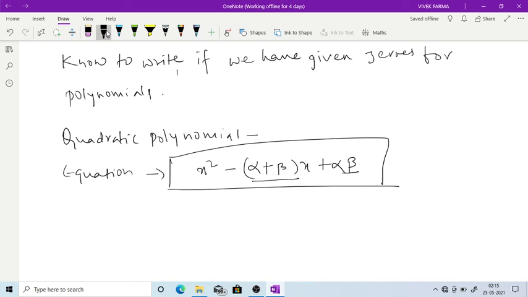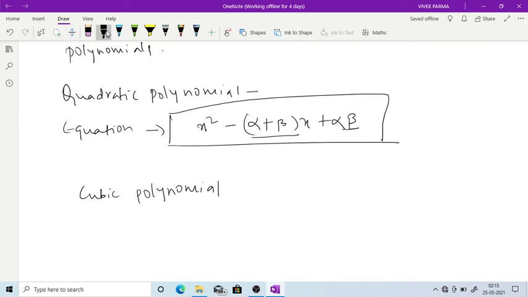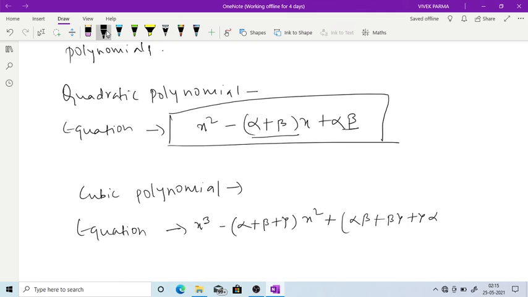And for the cubic polynomial, if the zeros are given, the equation will be x cube minus (alpha plus beta plus gamma) into x square plus the sum of products of zeros taking two at a time, that means (alpha beta plus beta gamma plus gamma alpha) into x, minus the product of zeros, that means alpha beta gamma.